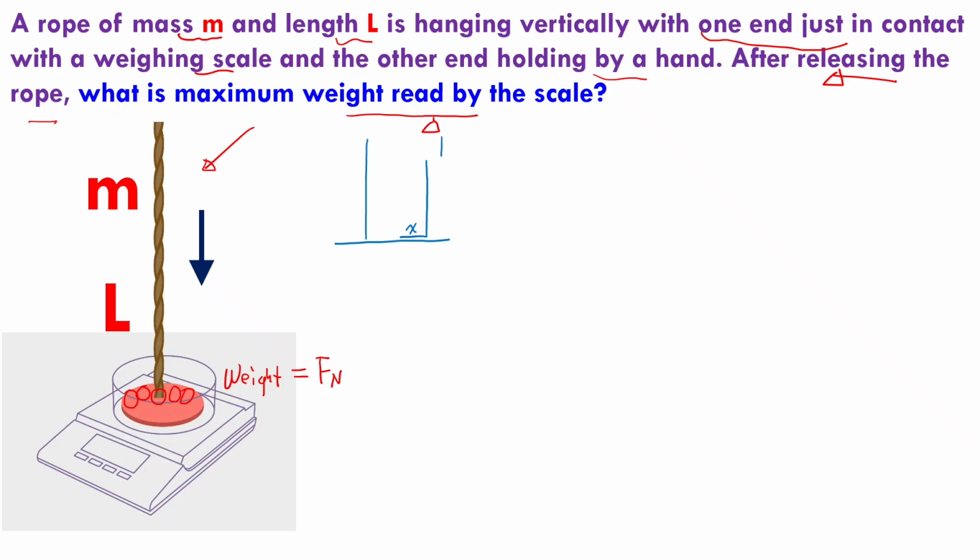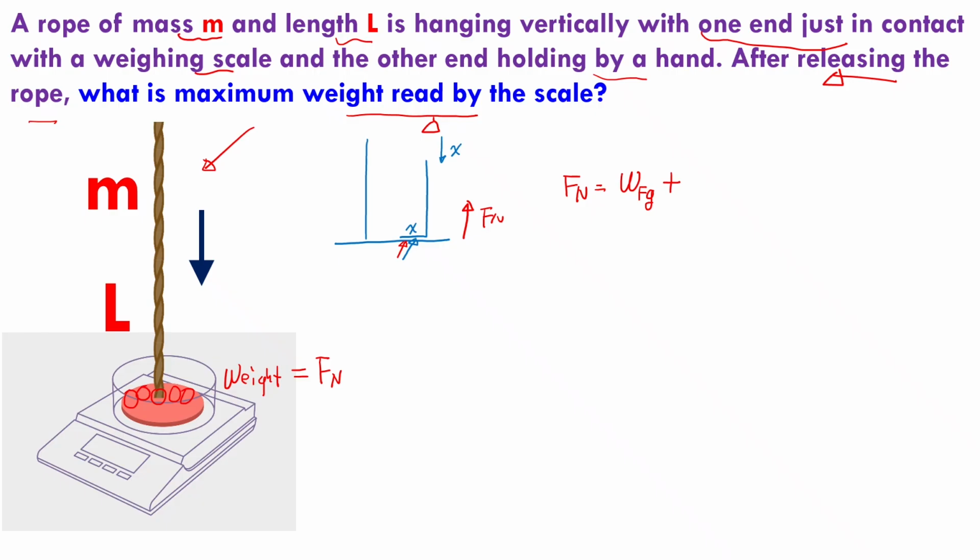If we say the rope falls by a distance of x, then the part on the scale would have a length of x. The normal force on the scale would definitely support this part of the mass. So we can say that the normal force equals the weight of the rope, but there is something else.